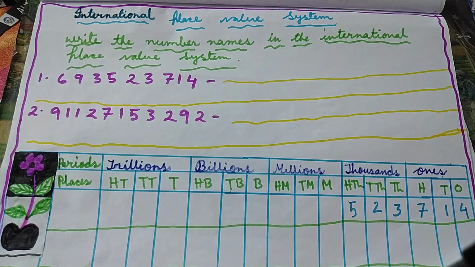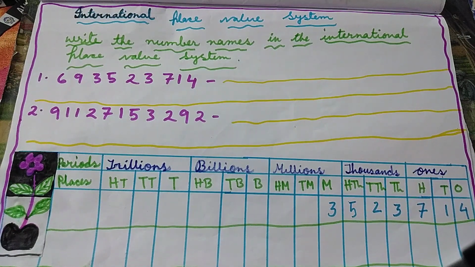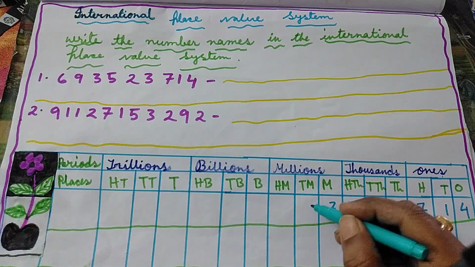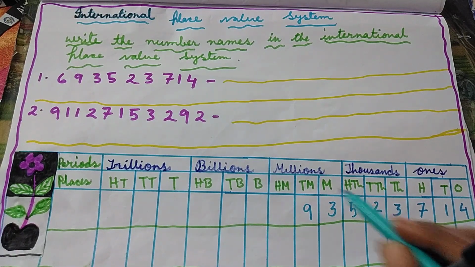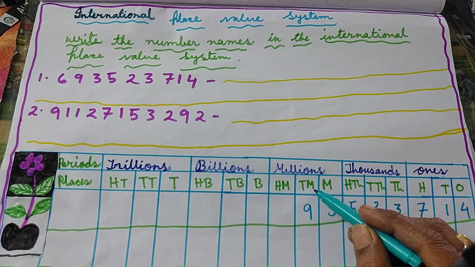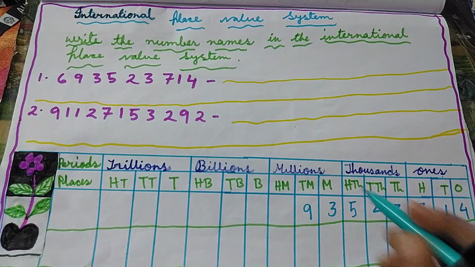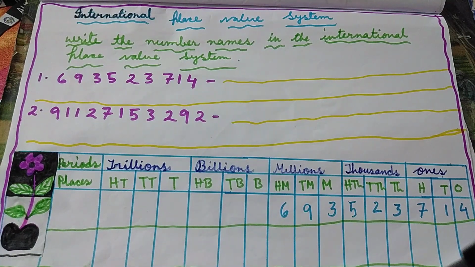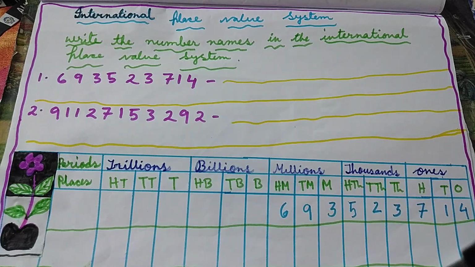Then 3. Write 3 in millions place. Then 9. Write 9 in 10 millions place. Then 6. Write 6 in 100 millions place.